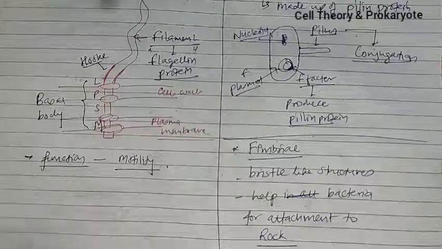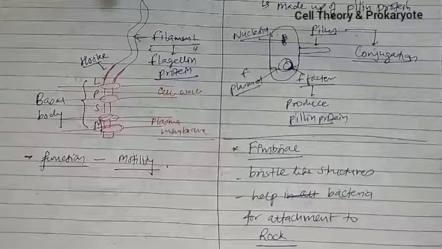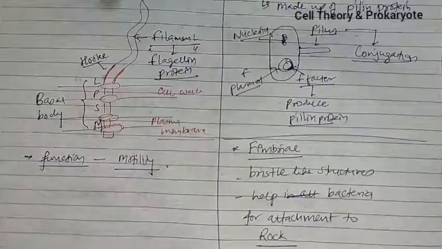So when bacteria is moving through any stream and it wants to attach and take rest, at this time it uses these fimbriae and gets attached.